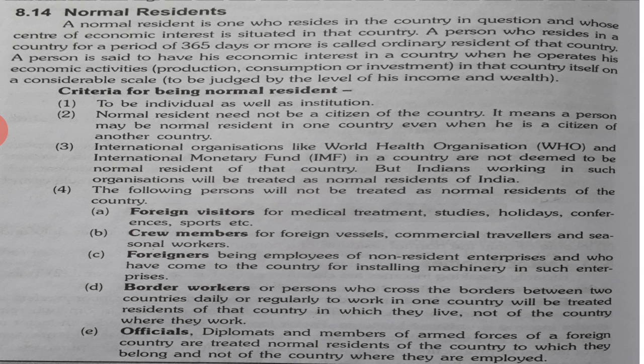The next point is normal resident. Understanding its definition is very important when we calculate national income. So normal residents are those citizens who are residing in the country and doing all their economic activities in the domestic territory of the country.